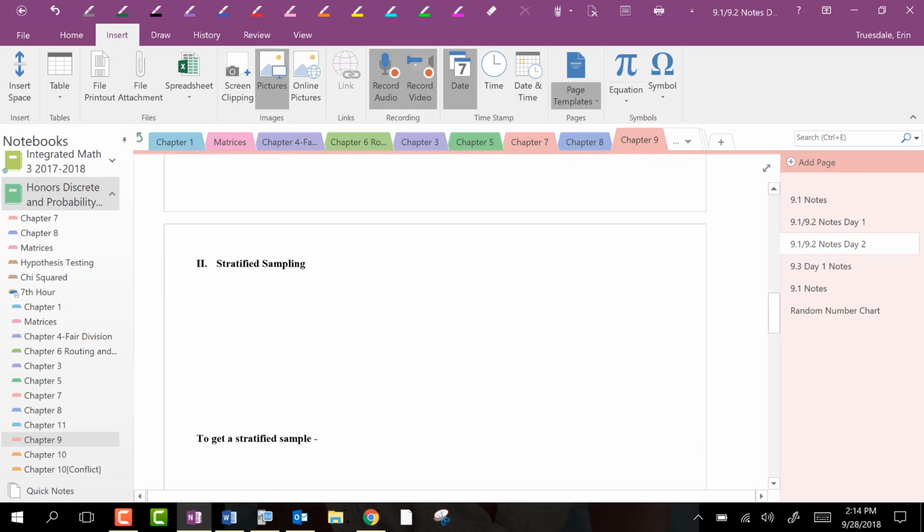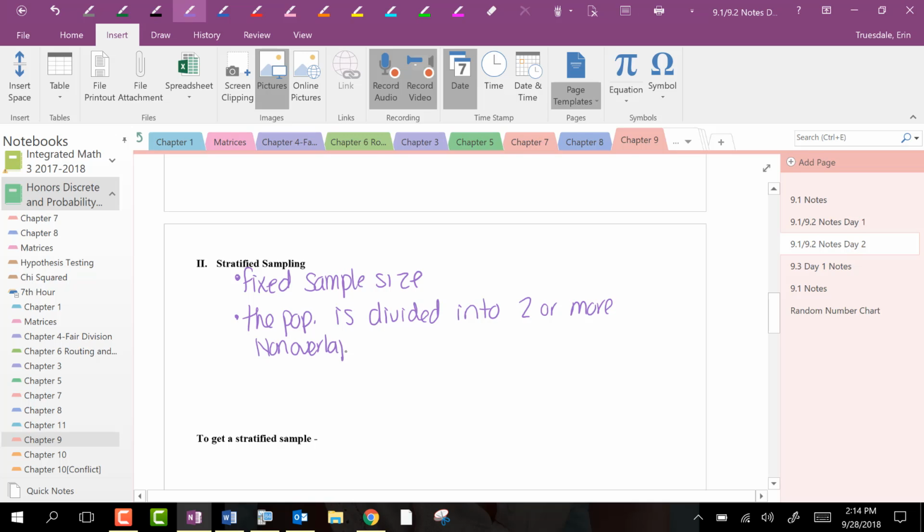Stratified sampling. It also has a fixed sample size. Okay, the population is divided into 2 or more non-overlapping subsets.